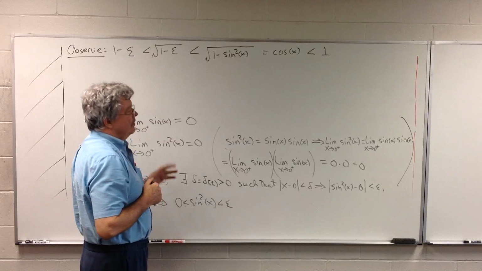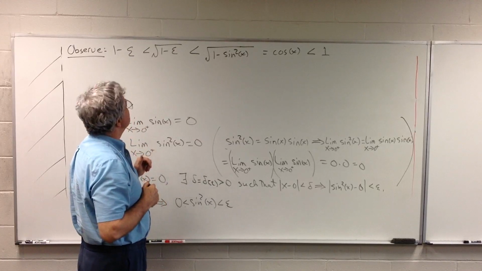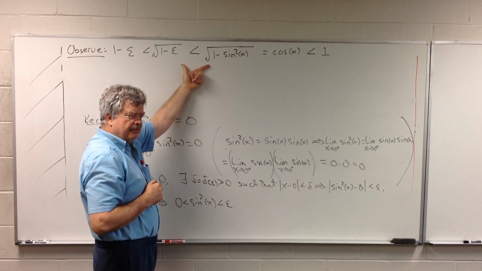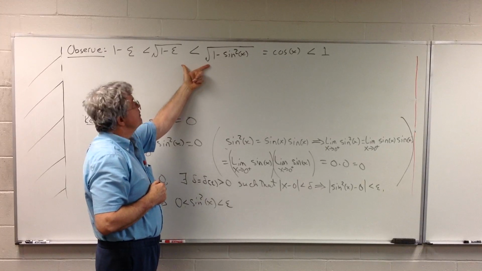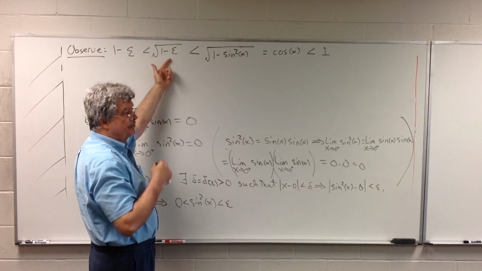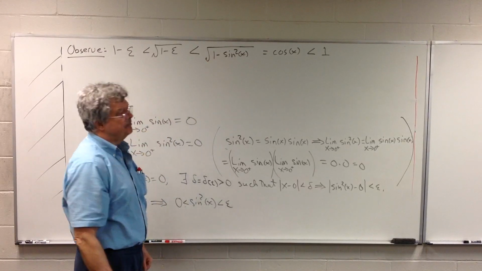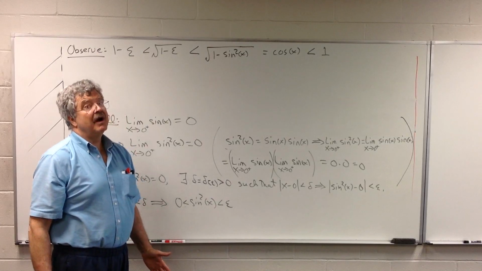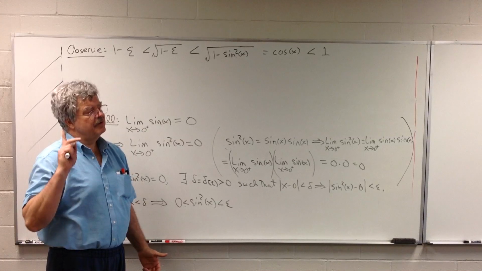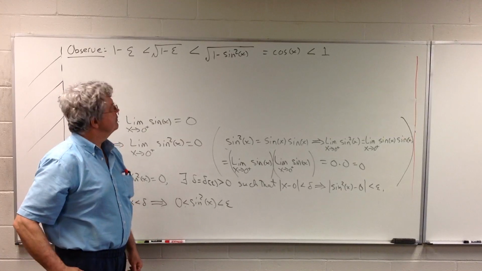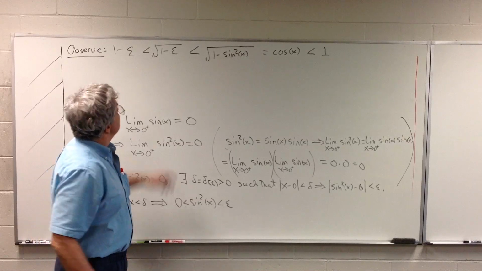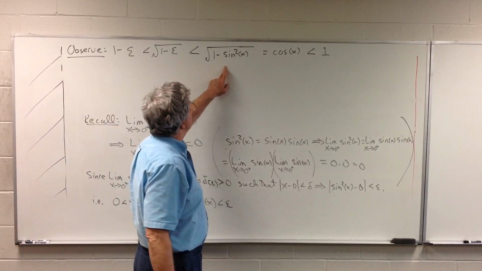And when we're talking about positive numbers, the square root of the larger number is larger than the square root of the smaller number. Think about it. The square root of 9 is bigger than the square root of 4. So that's why this part of the inequality holds.